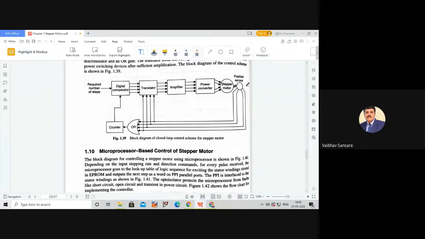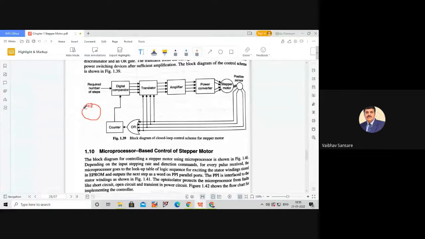An opaque disc is nothing but a circular disc which has appropriate holes on its periphery, and the number of holes is equal to the total number of rotor teeth. So the number of holes on this opaque disc is equal to the number of teeth on the rotor periphery.